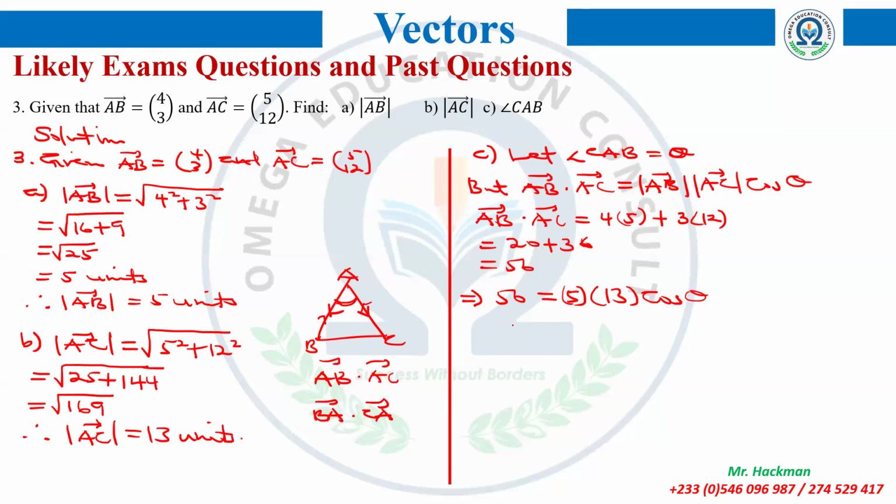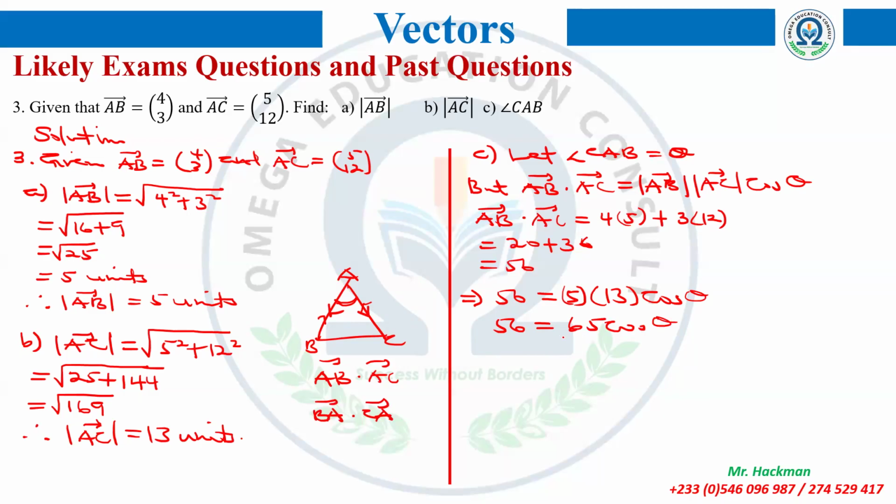So in this case, 56 is equal to 65 cos theta. What would that give you? 65.